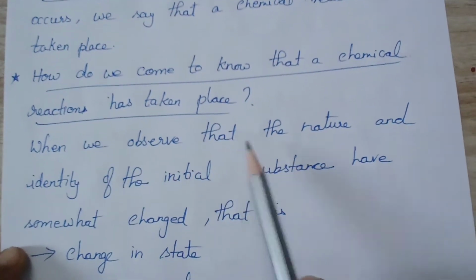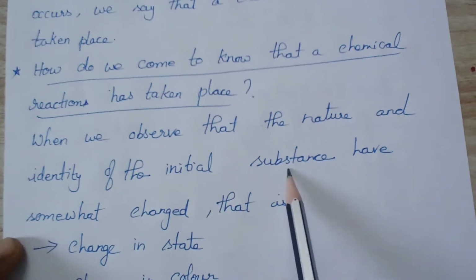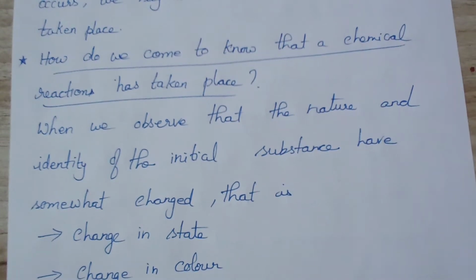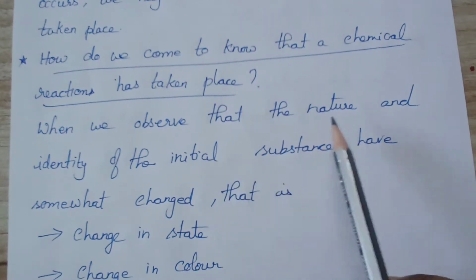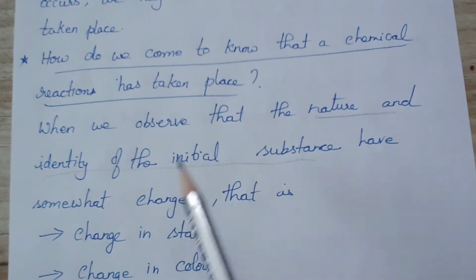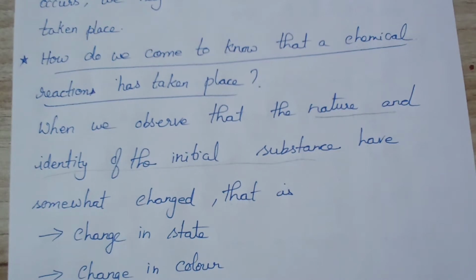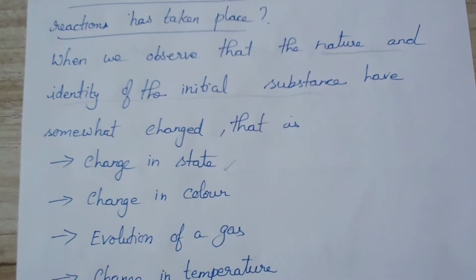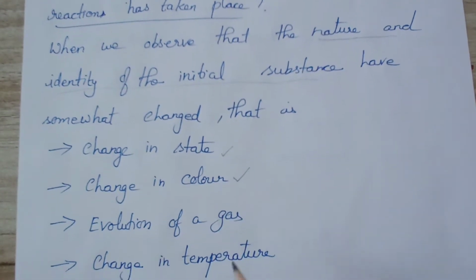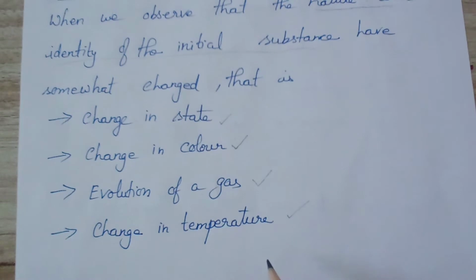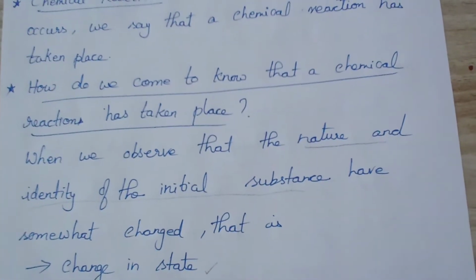When we observe that the nature and identity of the initial substance have changed, then we can say that a chemical reaction has taken place. That is, a change in state, liquid, gaseous or solid, a change in color, evolution of gas, or a change in temperature.